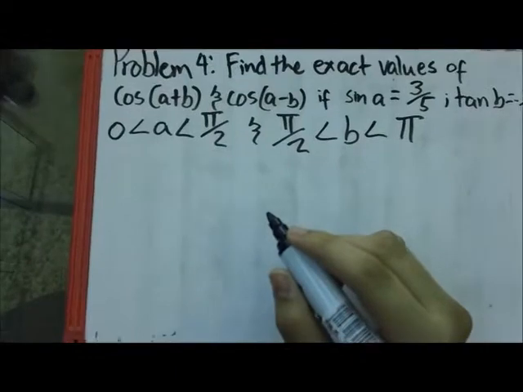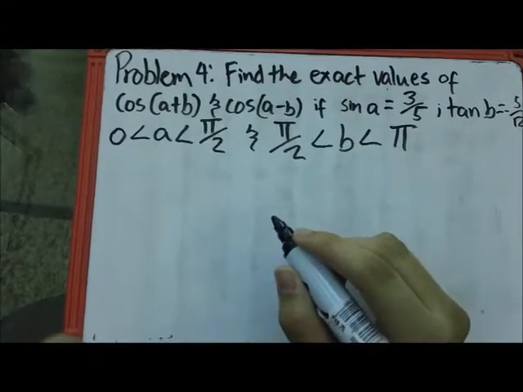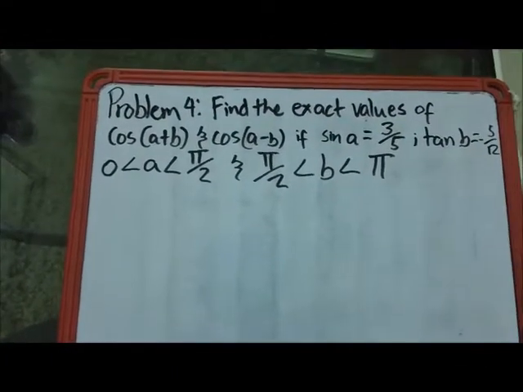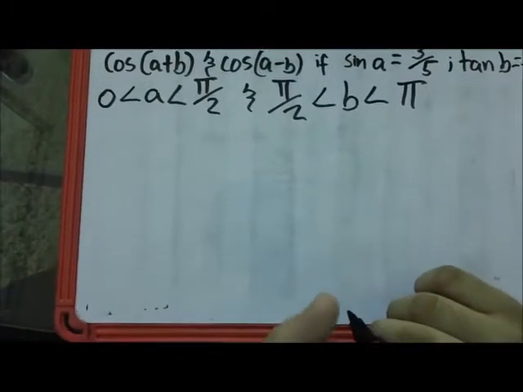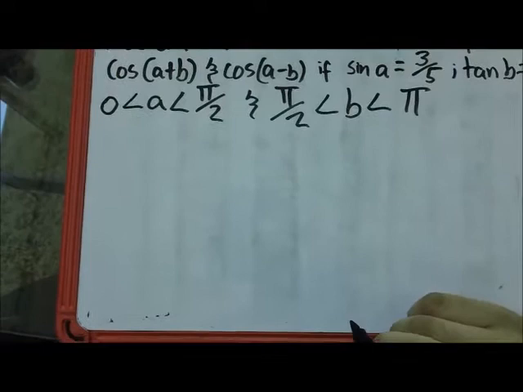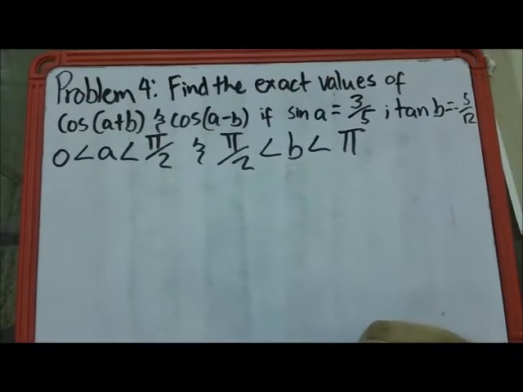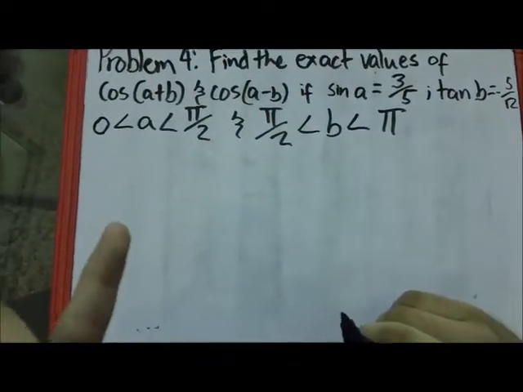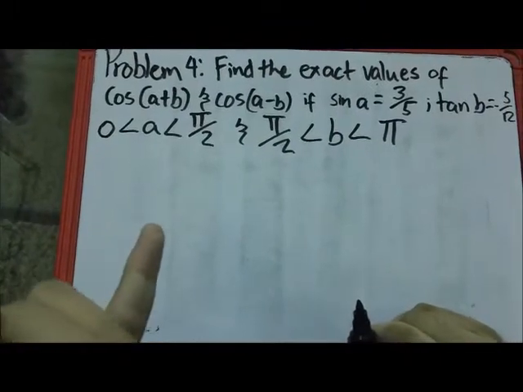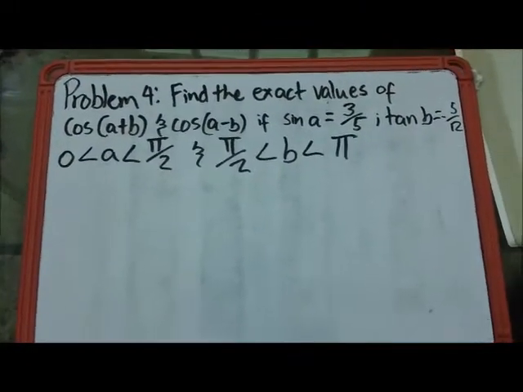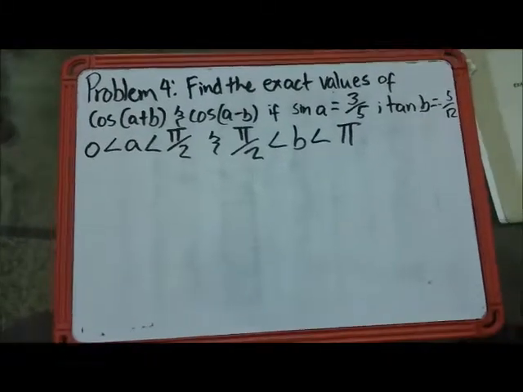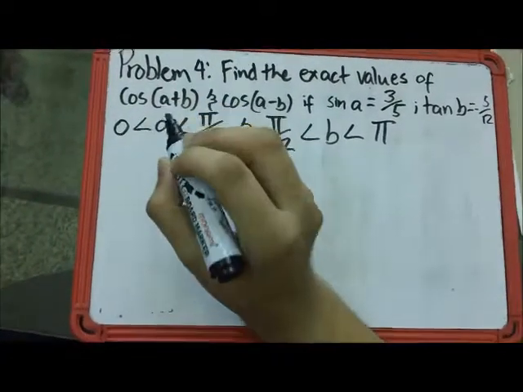In problem 4, find the exact values of cosine quantity A plus B and cosine quantity A minus B if sine A is equal to 3 over 5 and tangent B is equal to negative 5 over 12, and A is in between 0 and pi over 2, and B is in between pi over 2 and pi.